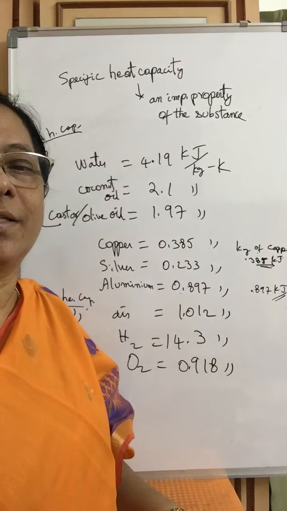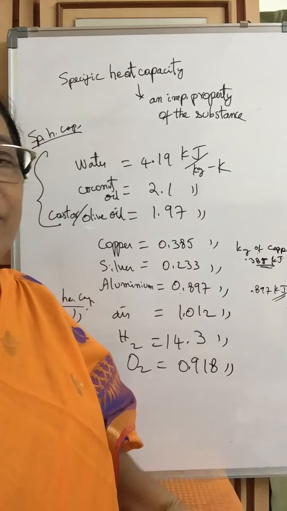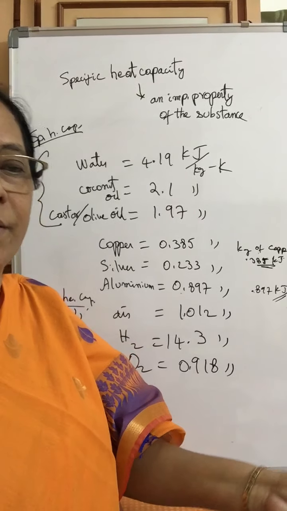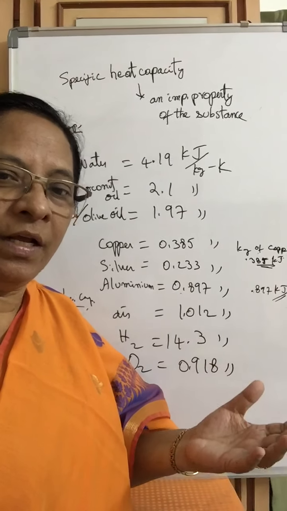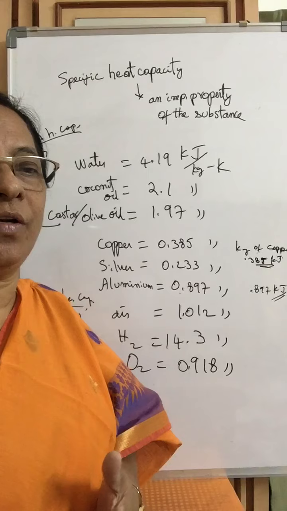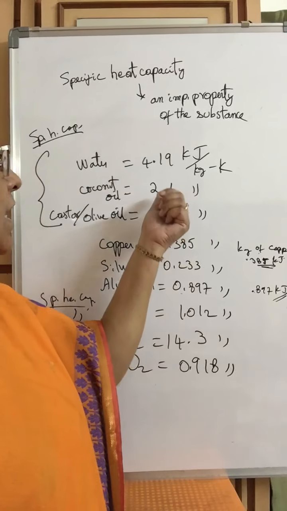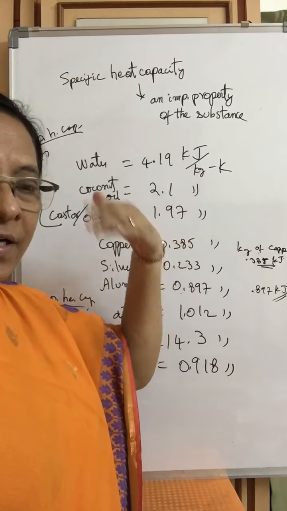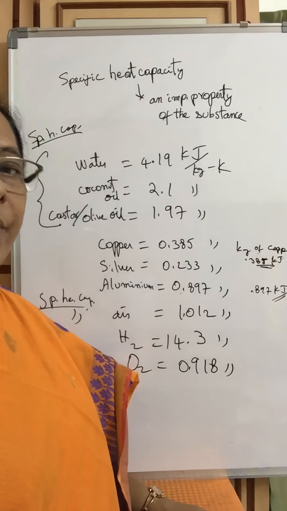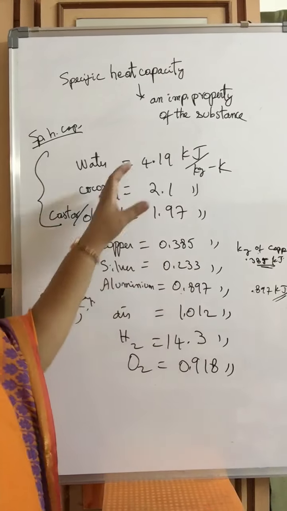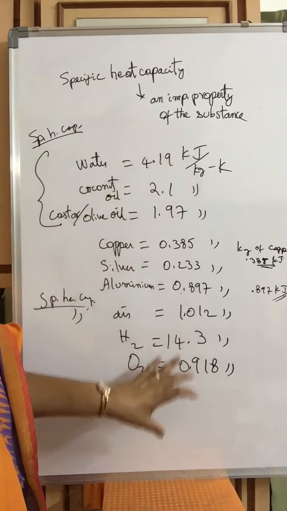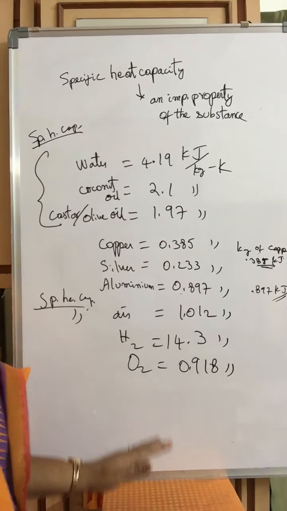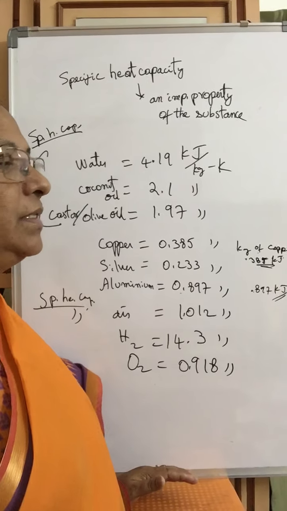You can notice in our kitchen that if you keep oil on the stove, it heats very fast compared to water, because less heat is required to raise its temperature. So specific heat capacity is a very important property, useful in the selection of materials.